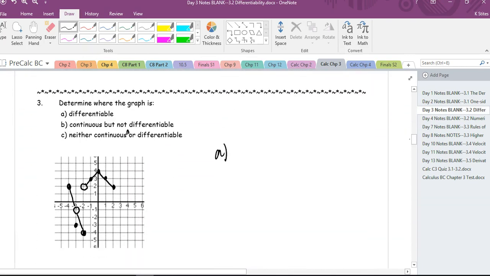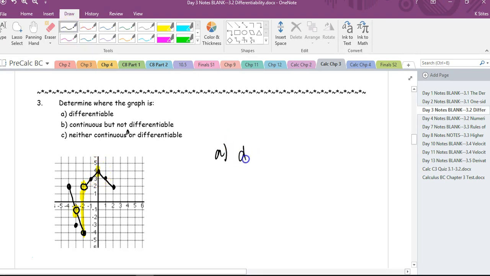So let's look for those situations. You should notice that you have a discontinuity occurring at -2. You also have a discontinuity occurring at -3, and there's also a corner at x equals 0.